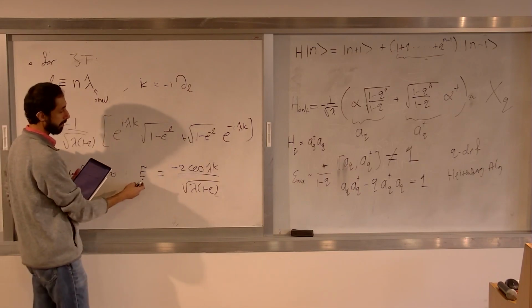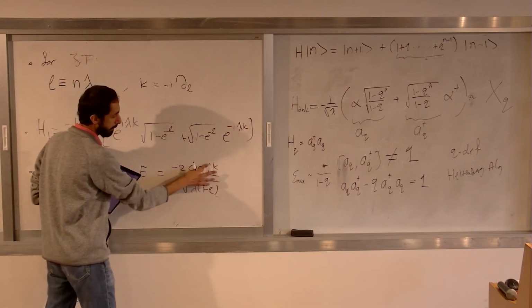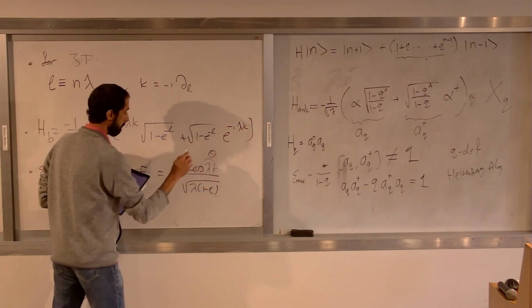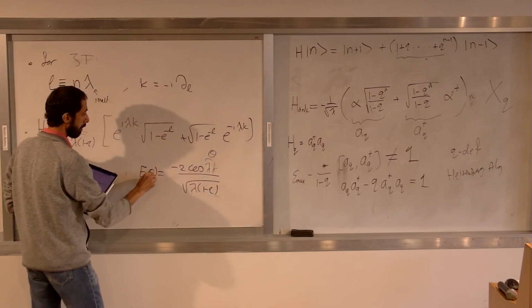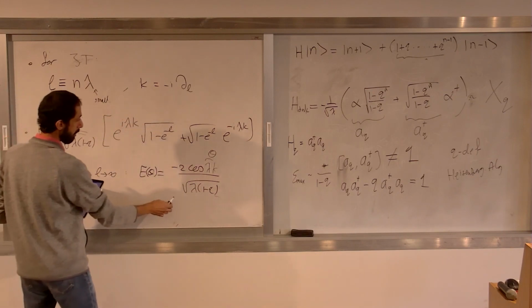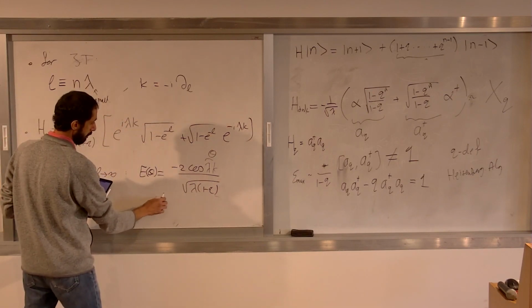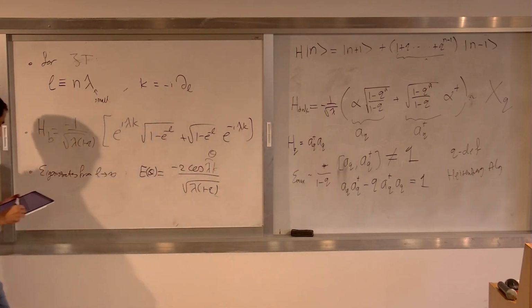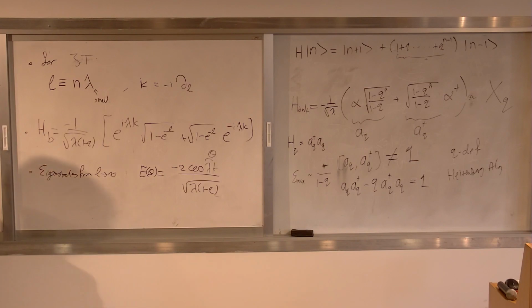Eigenstates are thus labeled by lambda k. Let me define lambda k as theta. And the energy goes from minus 2 to plus 2 divided by this factor.